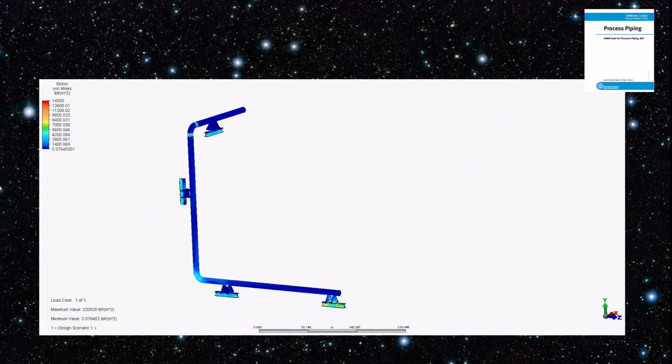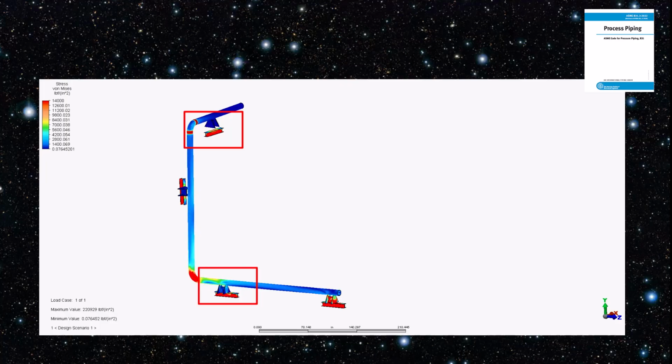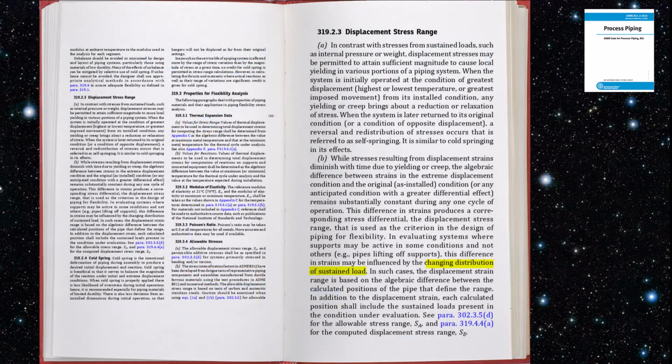As you can see, as the pipe heats up, the support at the top lifts off and adversely loads with sustained weight the lower support. As such, the additional strain on the lower support would be included in this displacement stress range since it is because of thermal, and it will become part of the computed displacement stress range, S sub E, usually calculated by the pipe stress software.